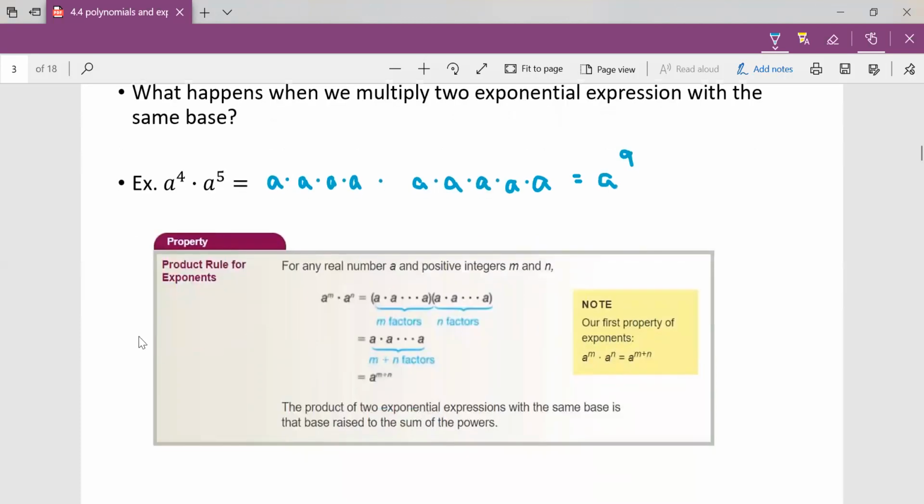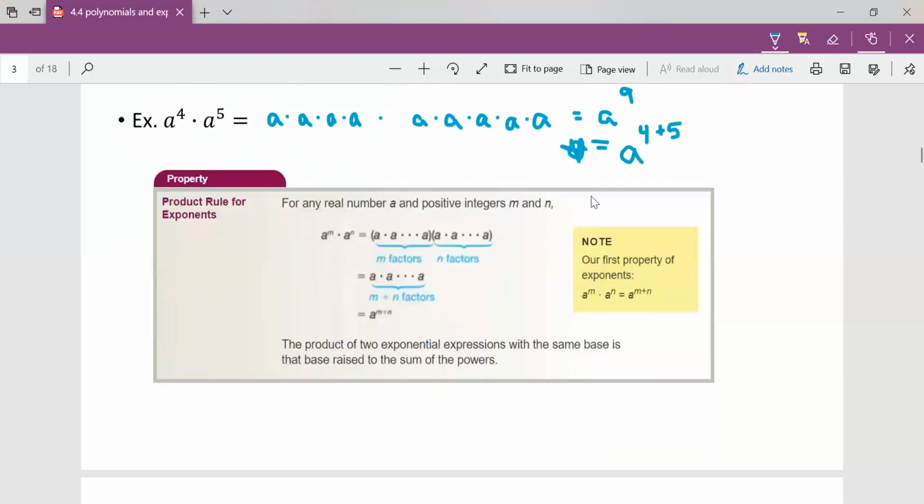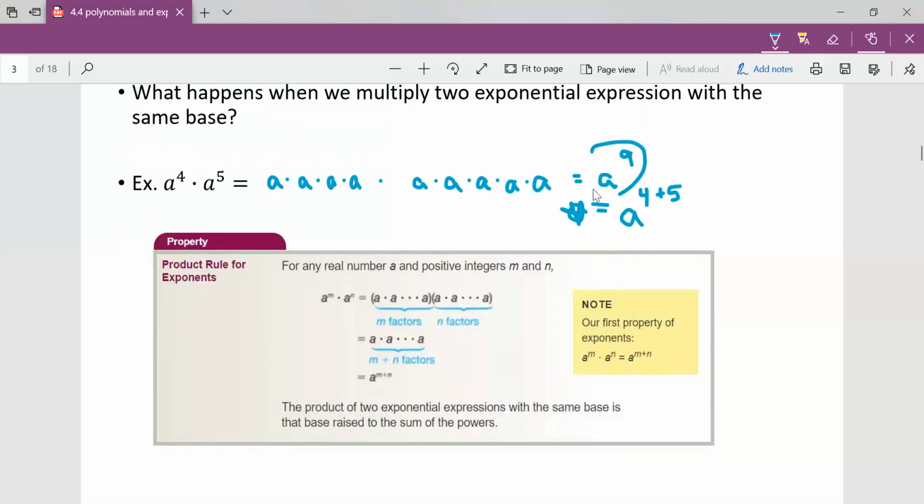Basically what this rule is saying is if you have any number of a's times any number of a's and you have the same base, we can just add the exponents. So 4 plus 5 is equal to 9. That is the same as a to the 4 plus 5, which is 9. So this is our final answer here.